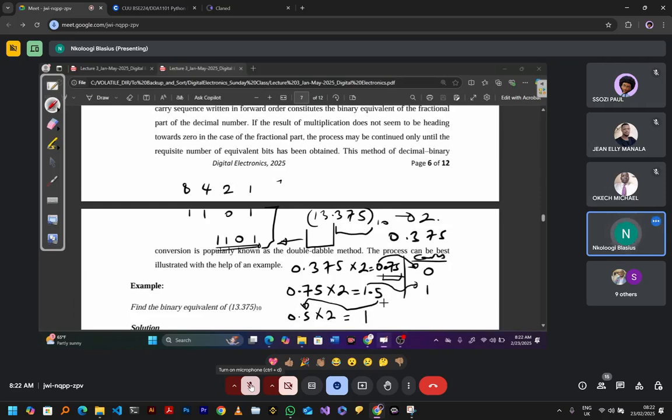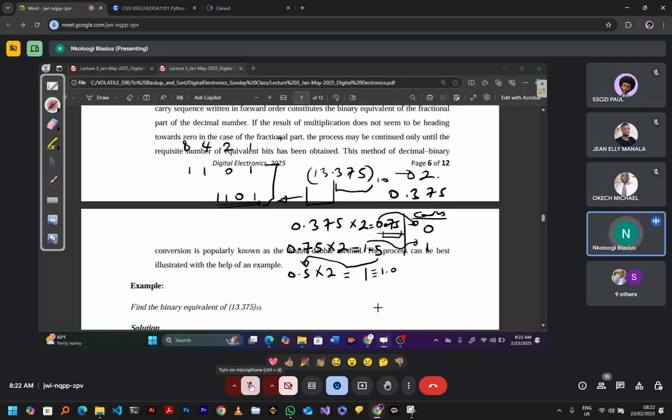So you have a 1 here, and of course we know 1 is equivalent to what? 1.0. So it will be the same thing as if you are going to carry a 1 here and then bring a multiplier of 0.